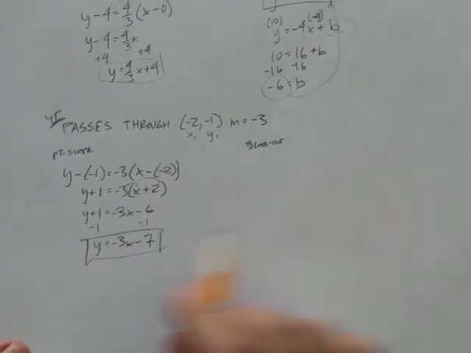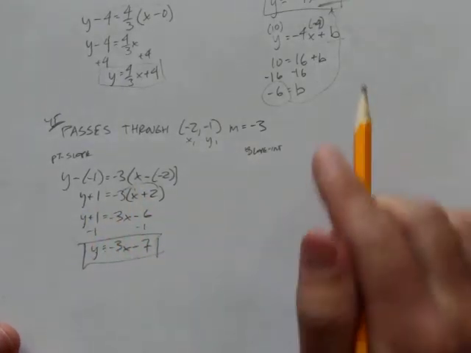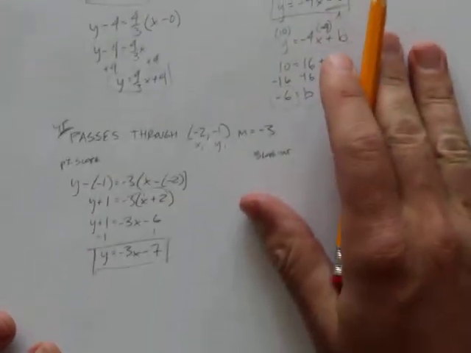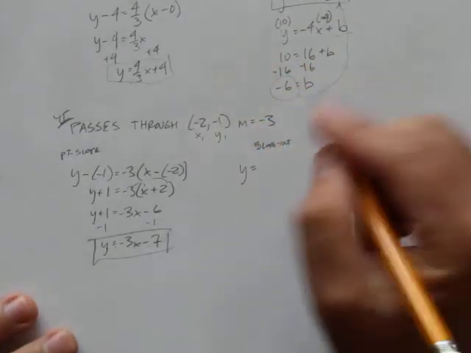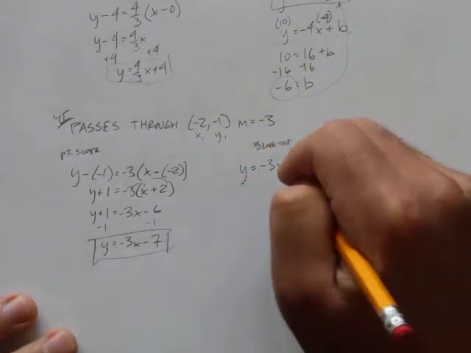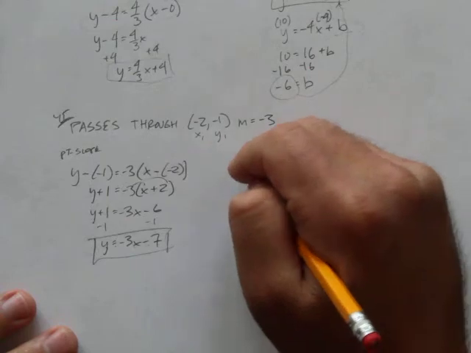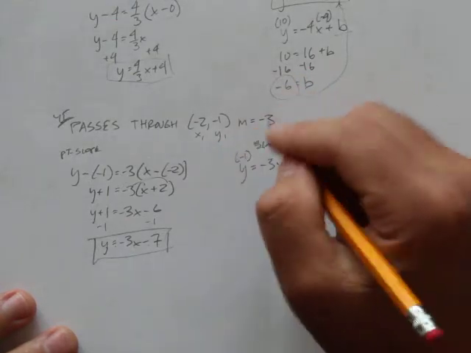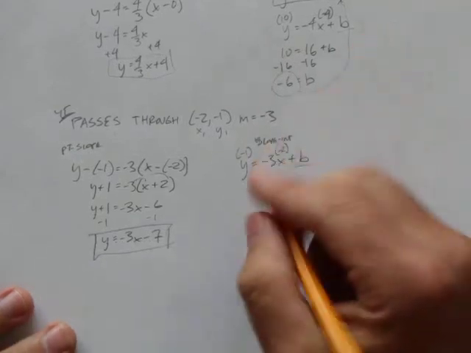Slope-intercept form. Now let's find the same answer using this other method that I showed you just moments ago. So y equals my slope, which is negative 3x plus b. I don't know what my y-intercept is, so I'm going to plug in my point, negative 1 for y and negative 2 for x.